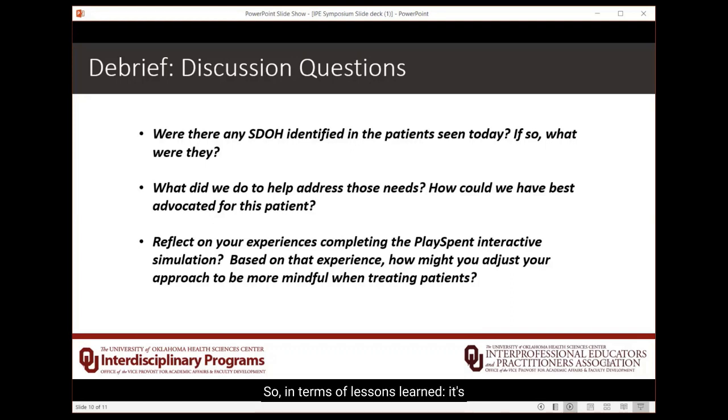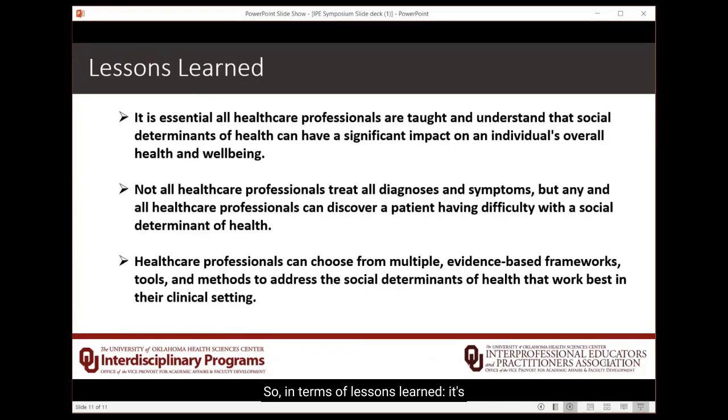So, in terms of lessons learned, it's essential that all healthcare professionals are taught and understand that the social determinants of health can have a significant impact on an individual's overall health and well-being.